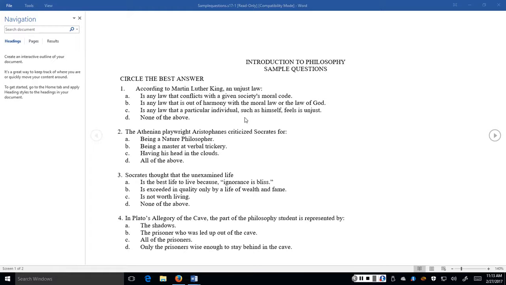Now, sometimes there will be questions where the correct answer is none of the above. Here it is one of the above, and the folks who said they had B are right.